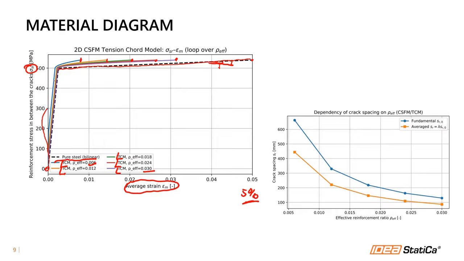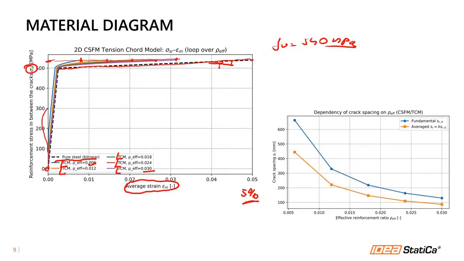All the curves for different reinforcement ratios reach the same strength. If I draw the line like that, the strength Fu is 540 megapascal, and all the material diagrams end up at this point.